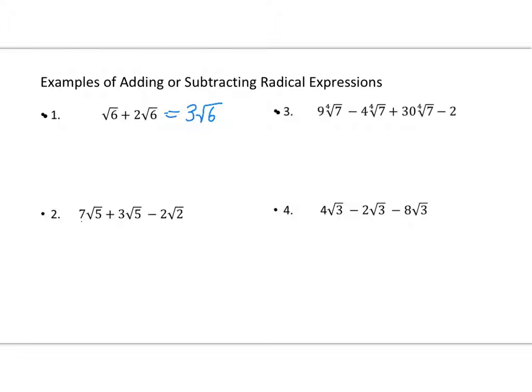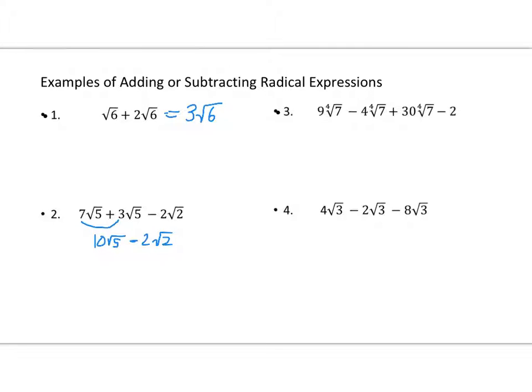We certainly can add these together, and we get 10 square root of 5 because we have the same radicand, but we don't have it in the last term, and so we have to leave it as 2 square root of 2.